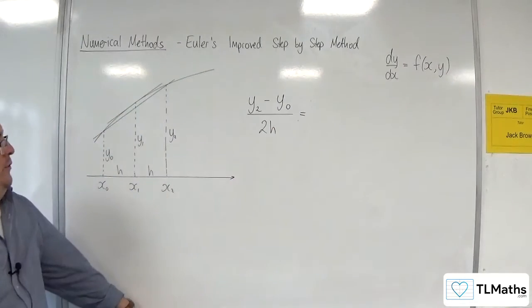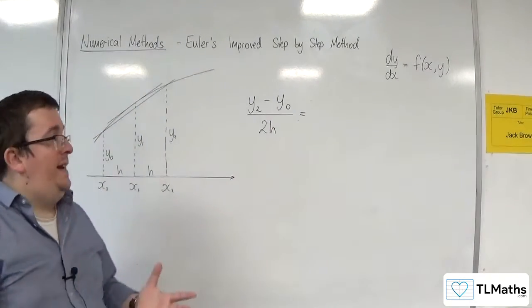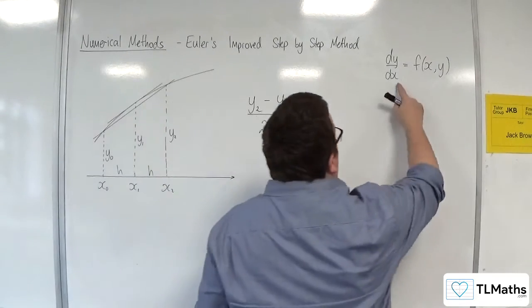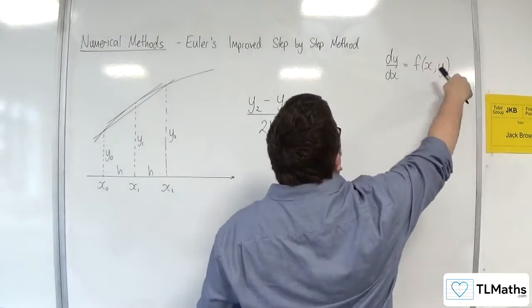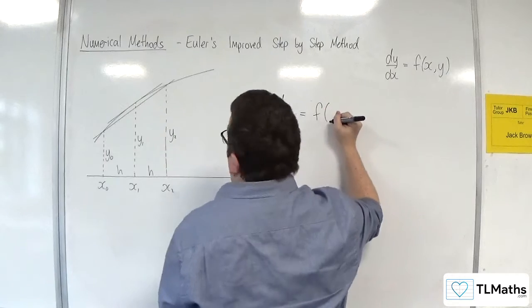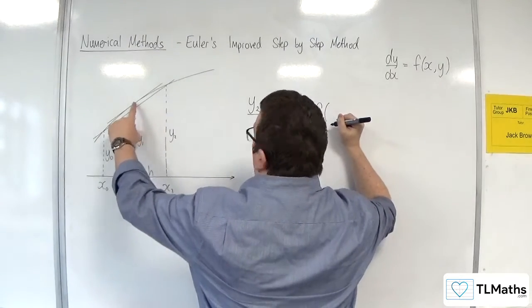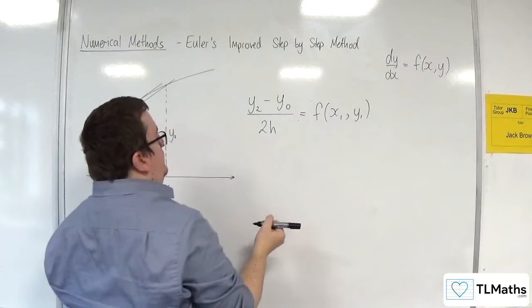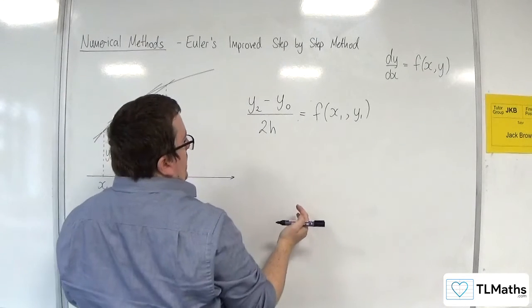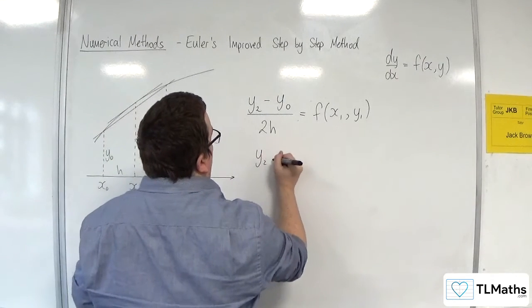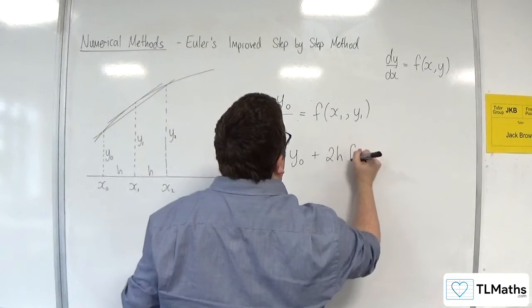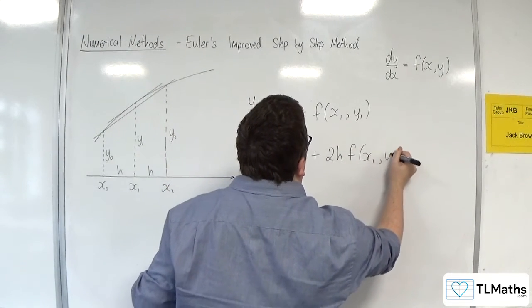That's going to be equal to the gradient at that point there, which, remember, this is the gradient function, f of x, y, so f of x1, y1. So rearranging, I can say that y2 will be equal to y0 plus 2h lots of f of x1, y1.